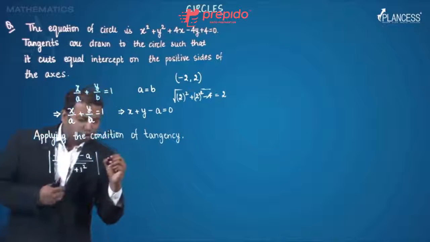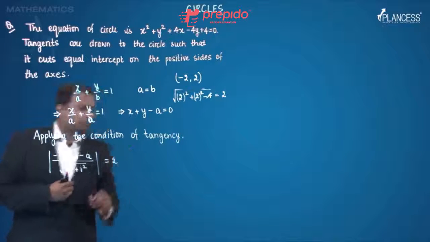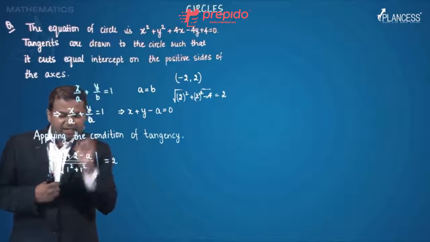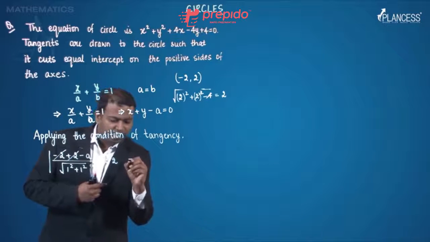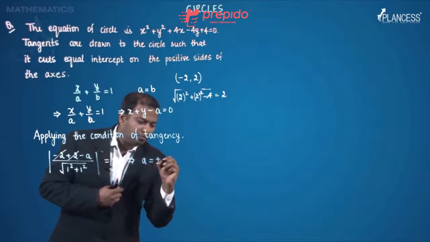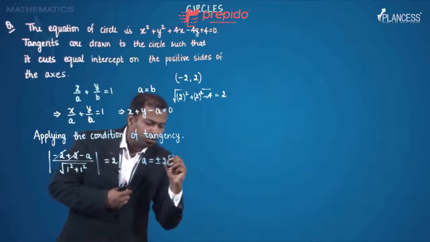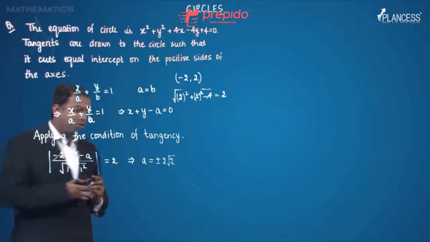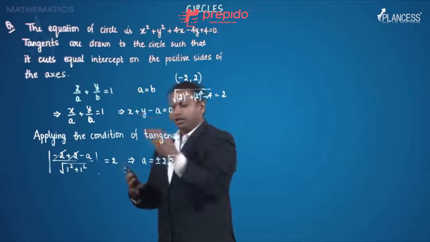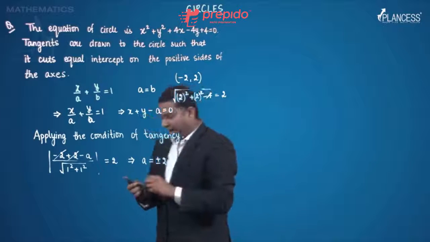So this should be equal to 2. Now if we simplify this, clearly this cancels out and we can straight away write a is equal to plus minus 2 root 2.